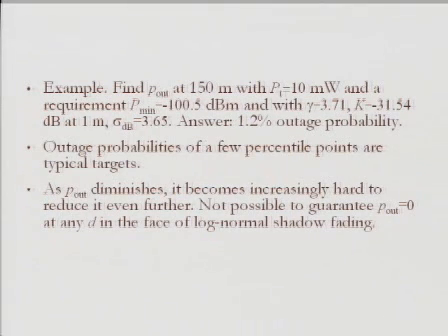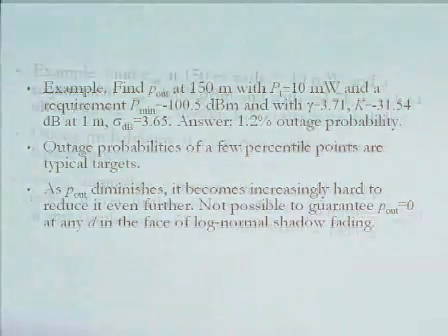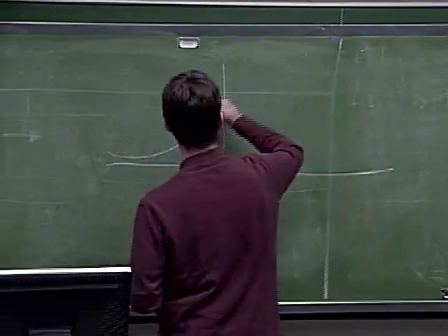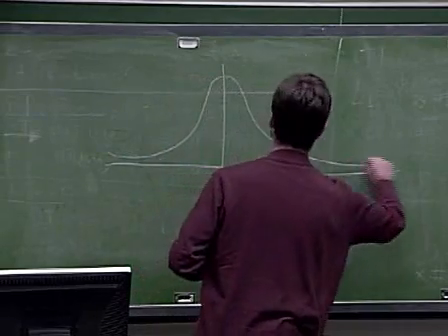Because of the shape of the Gaussian distribution, as the outage probability diminishes, it becomes harder and harder to make it even smaller, right? So maybe we can draw this. So you have a Gaussian.